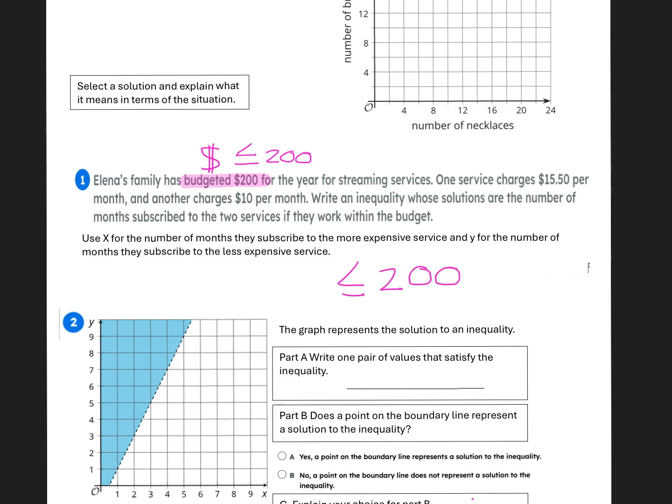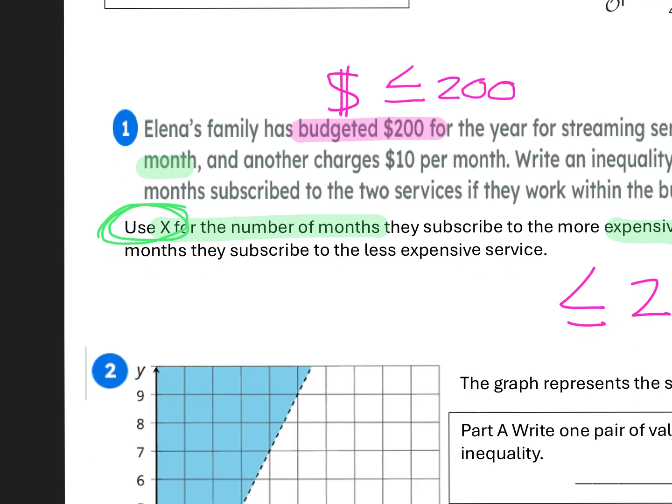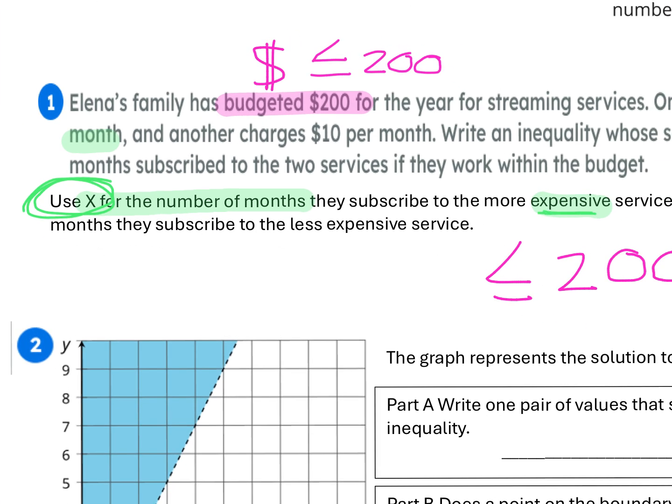Now let's look at the quantities that are involved in this inequality. It says one service charges $15.50 per month, and it says to use X for the number of months for the expensive service. So we're going to use X to represent that, because it told us right here to use X for the one that is more expensive.